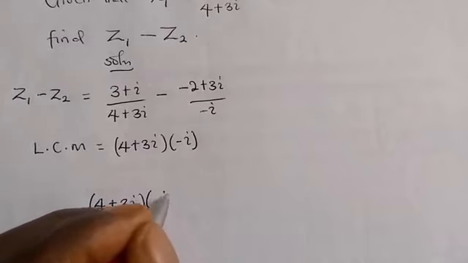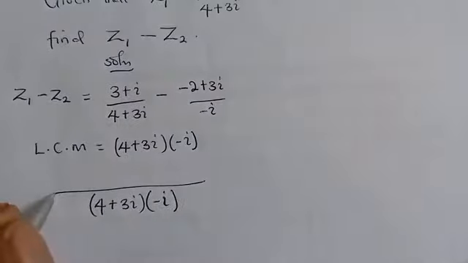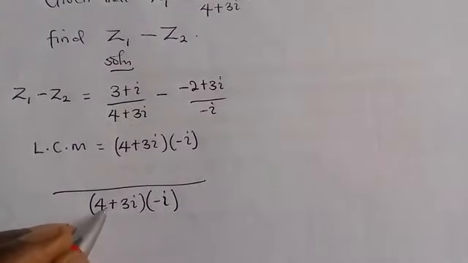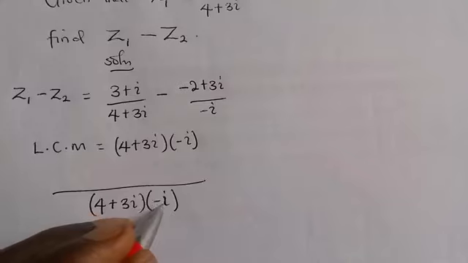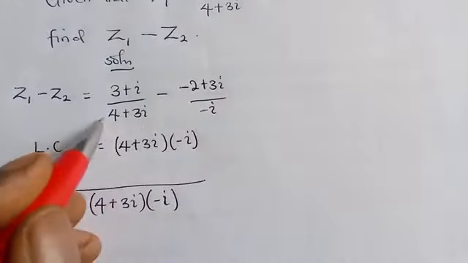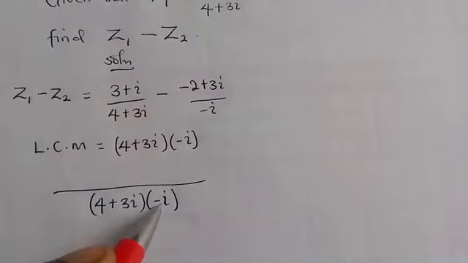When we divide (4 + 3i) multiplied by -i by (4 + 3i), 4 + 3i will cancel out and you are left with -i. This -i will multiply 3 + i.